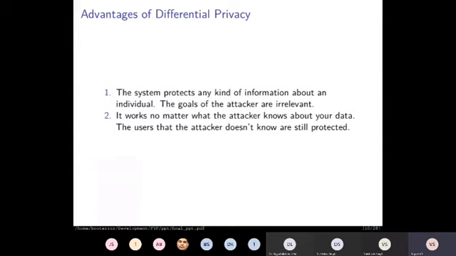So the advantage of using differential privacy is that your system is protected from any kind of information. Hence, the goal of the attacker is irrelevant. Even if he breaches the database, he won't be able to find who you are. And it works no matter what the attacker knows about your data. Even if the attacker doesn't know about your existence, your data is still protected. So it's not on a cause and effect situation. It's already protected from way before.